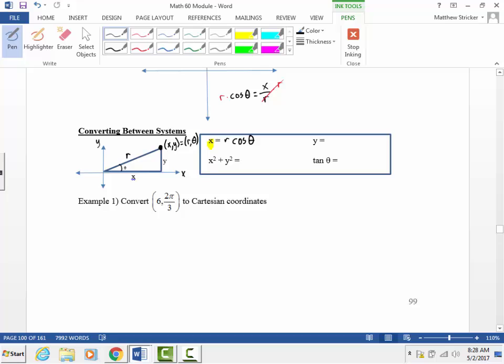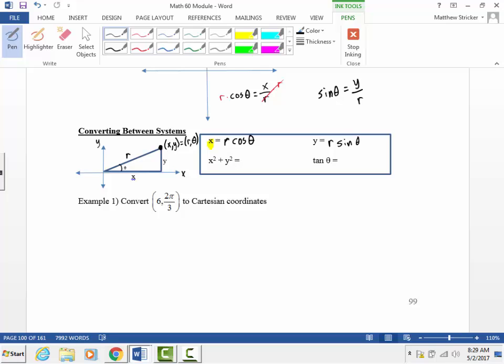Likewise, the trig ratio for sine theta is not x over r, it is y over r. You could solve for y, and you get y equals r sine theta. Good? Any questions?